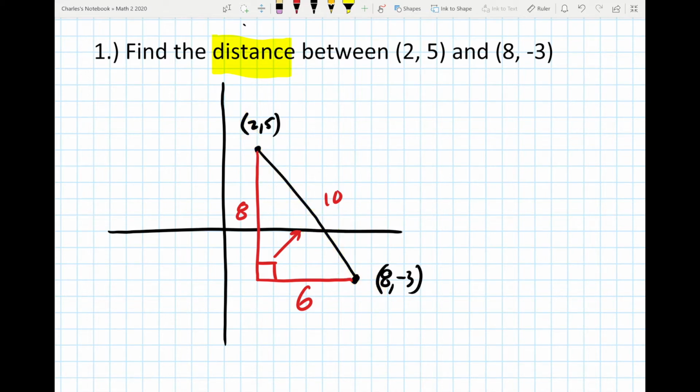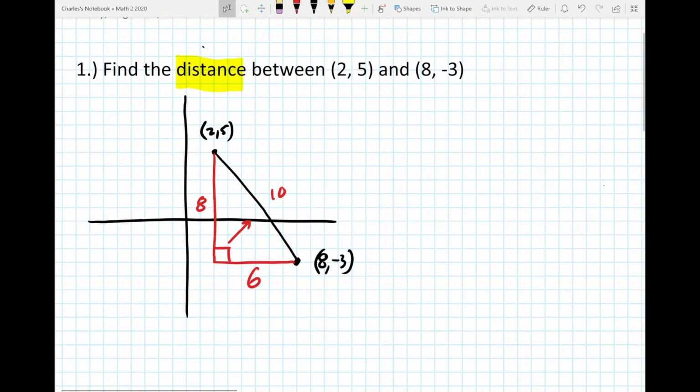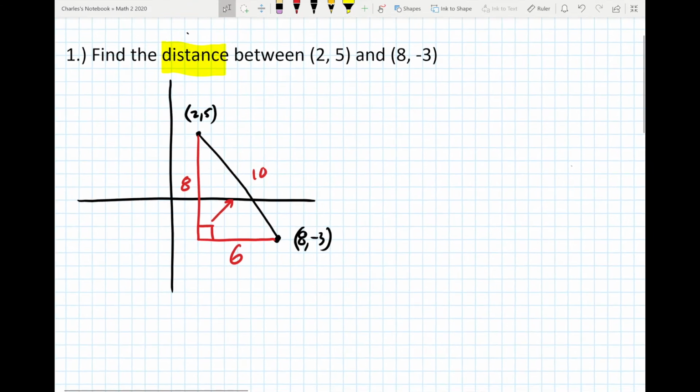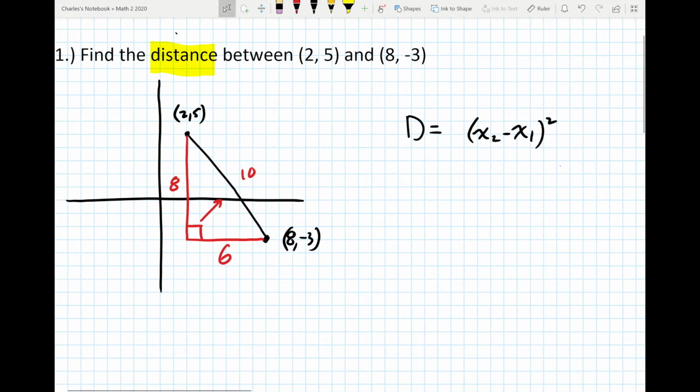What I didn't spend a lot of time on in that last video is using the distance formula. I think I may have given it to you, and I want you to be aware of it. But there's kind of a lot going on in the distance formula until you break it down. So in this video, I'm going to break it down a little bit more.